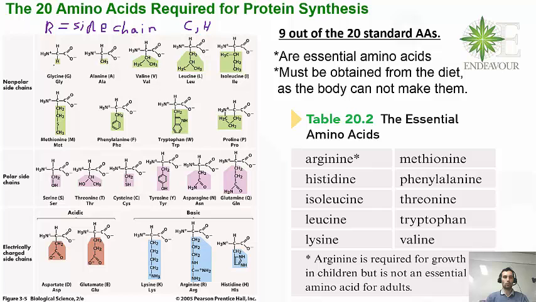So if we look at all of these structures, they all have carbons and hydrogens on their side chain, where we have the green here, which is indicating the side chain. So tryptophan and methionine actually do have one sulfur and one nitrogen respectively, but because there's many more carbons and hydrogens, we still class these as being nonpolar.